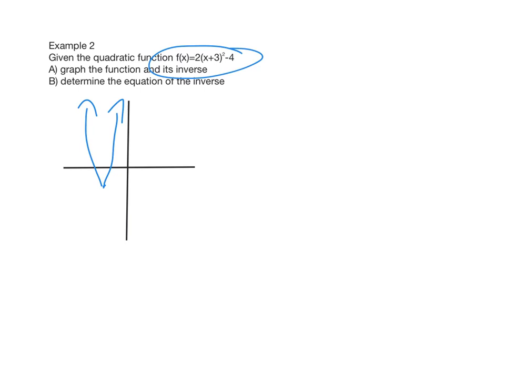Now, we've already taken the inverse, so we know the equation, and we also know that the points on the inverse are a relocation of x and y. So if our original vertex was (−3, −4), that means that the new vertex for the inverse will be at (−4, −3), and give us something like that.